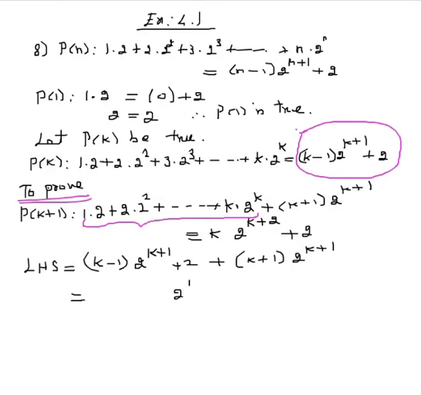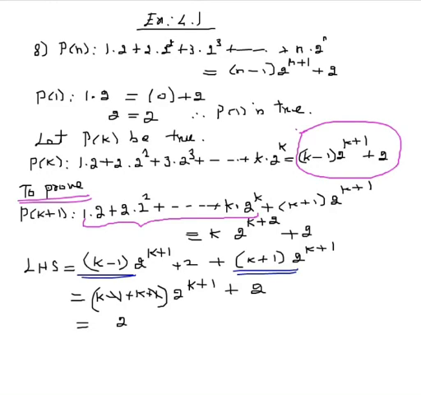Now here the 2 power (k plus 1) term is common. We get k minus 1 from the first term and k plus 1 from the third term. The 1 gets cancelled and we have plus 2.